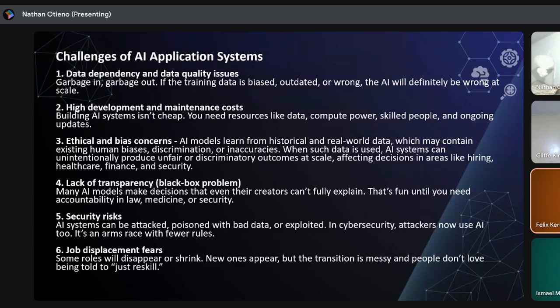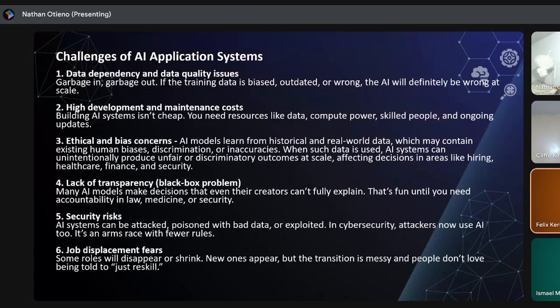The third challenge, ethical and bias concerns. AI models learn from historic and real world data, which may contain existing human biases, discrimination, or inaccuracies. When such data is used, AI systems can unintentionally produce unfair or discriminatory outcomes at scale, affecting decisions in areas like hiring, healthcare, finance, and security.